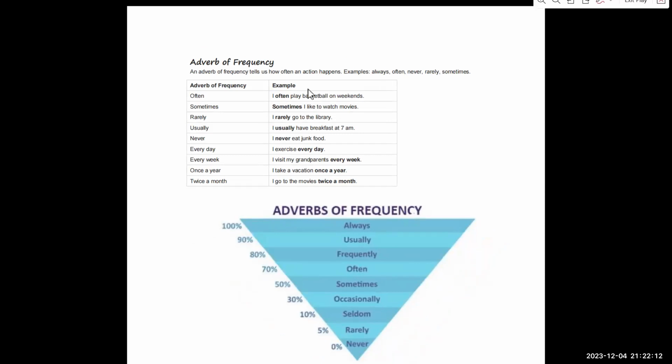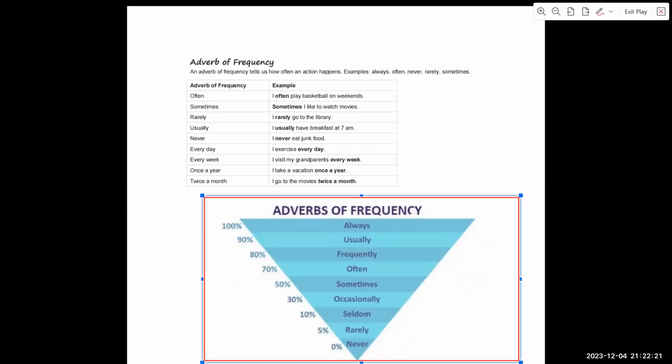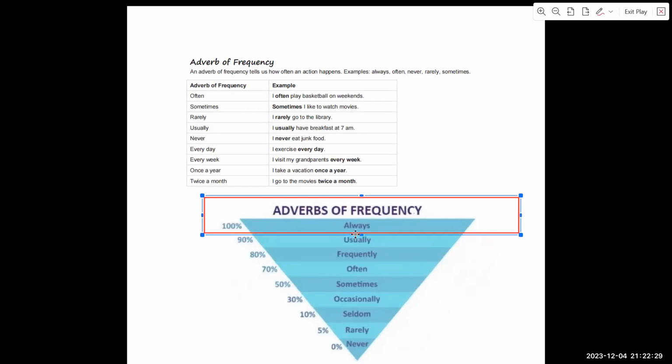Always, 100%. Frequency means you do something 100%, like always, every day. You always do something, and you are sure that you would do that thing.